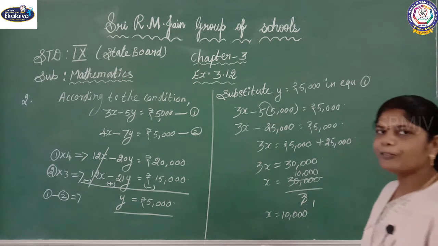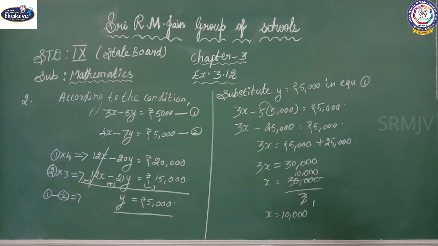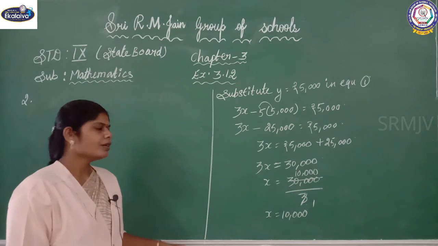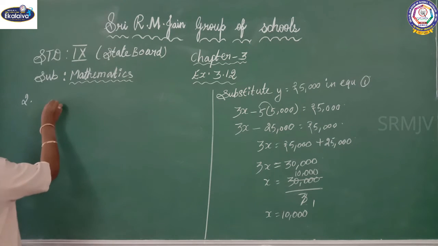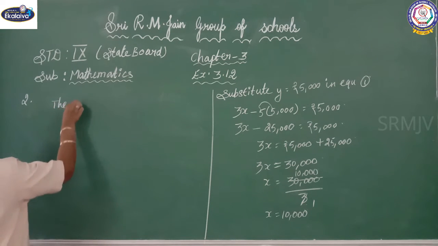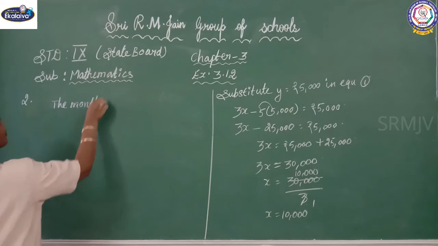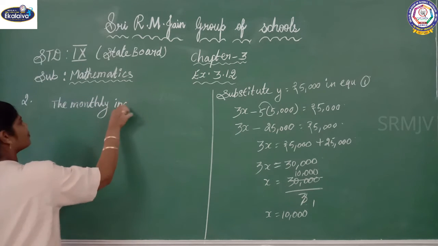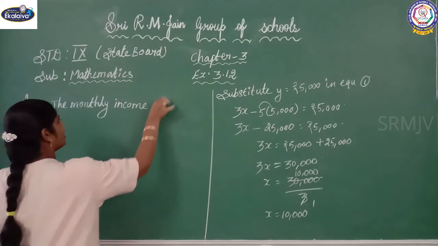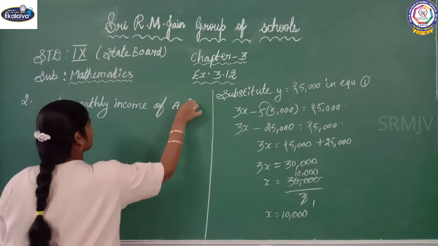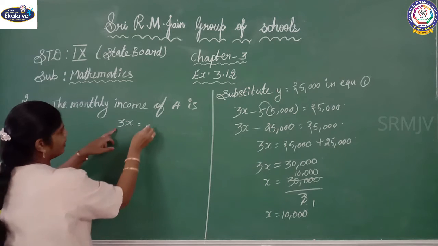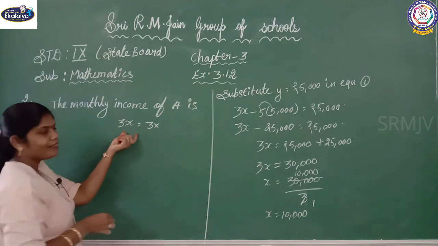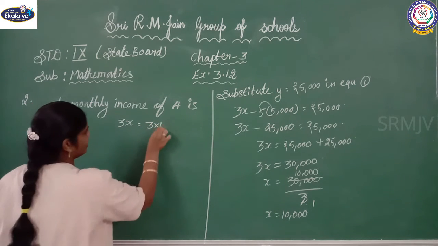Next we need to find the monthly income of A and B. So x equals 10,000. The monthly income of A is 3x, so we need to find the value: 3 into, what is the value of x? 10,000.